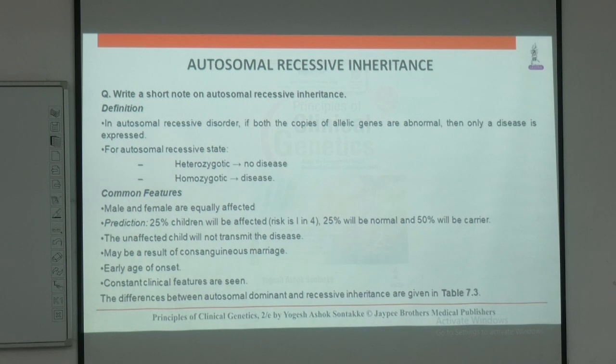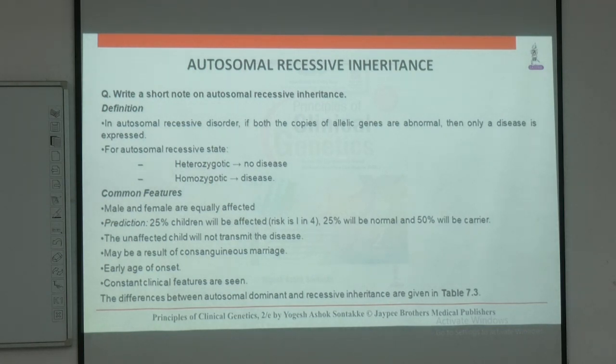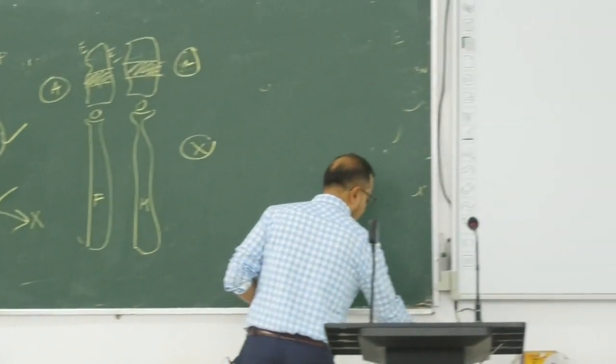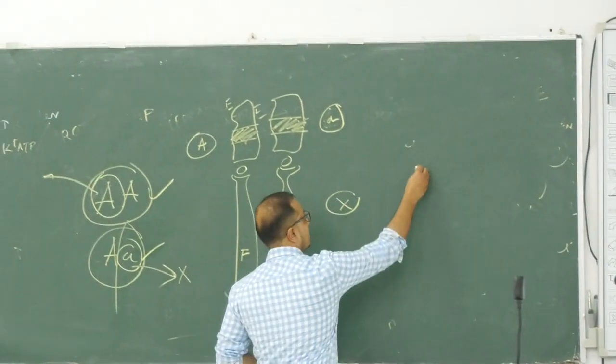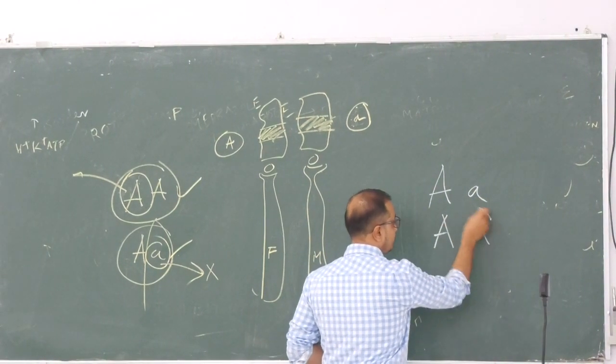From these autosomal dominant disorders, we go to the next variety, known as autosomal recessive. In the recessive variety, we need a double dose expression of the gene to express the disease, that means we need two genes for the disease to express, such as AA.